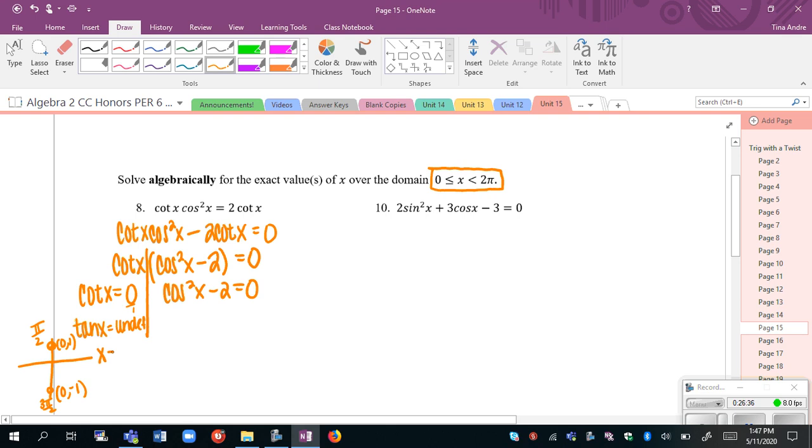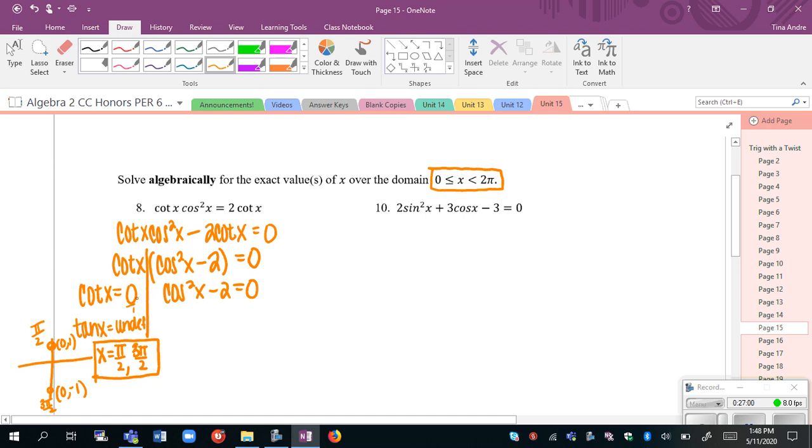So x is going to be pi over 2 and 3 pi over 2. You could solve that one either way. You could look at cotangent, but I usually like to use the reciprocals and then just take the reciprocal of this.